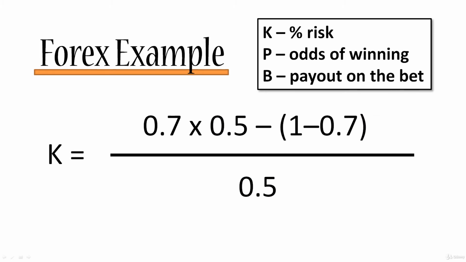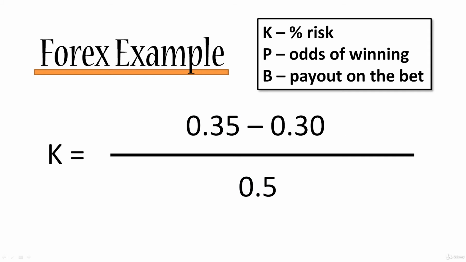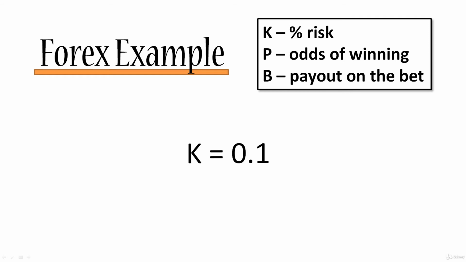Now we continue the calculations, and at the top we get 0.35 minus 0.3, and that gives us this result. And when we divide one by the other, we get 0.1, which means that our Kelly is equal to 10%.